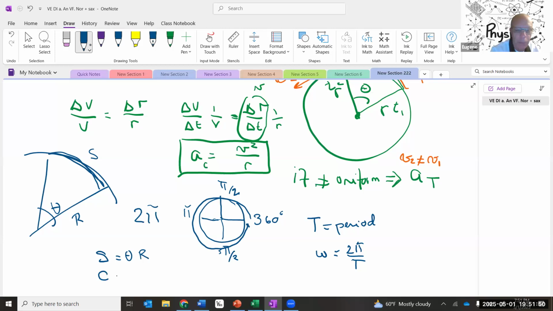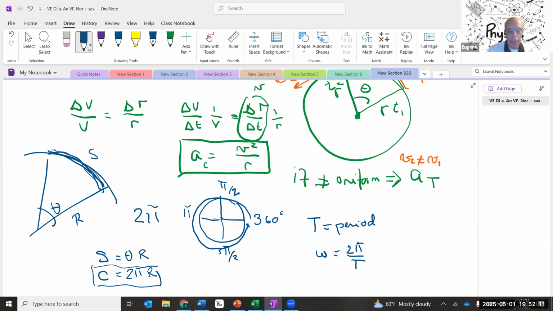The full circle, the circumference, is 2 pi r, so the length of the circle is 2 pi r. So this arc related to this angle is going to be equal to theta times r.